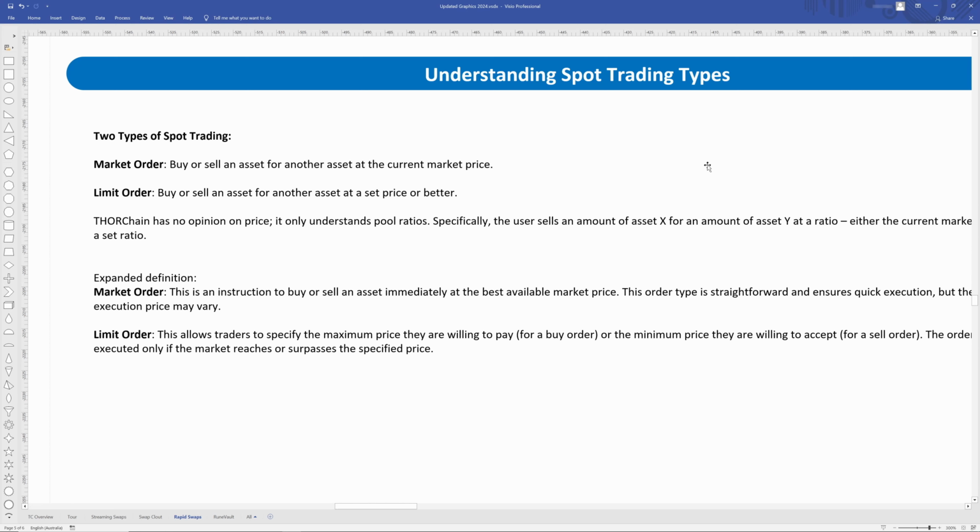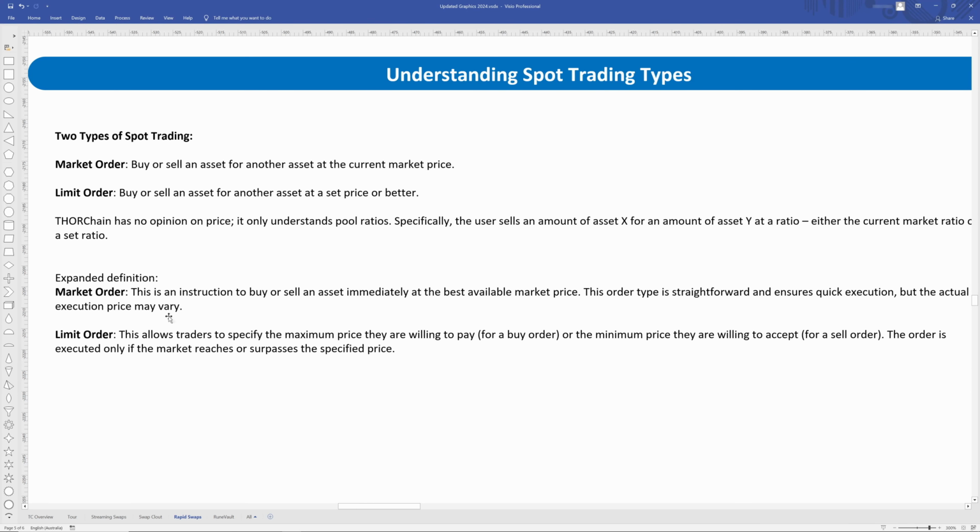Now, THORChain has no opinion on price. It only understands pool ratios. So it will get the USD to RUNE ratio in order to price RUNE, and then it will use that ratio in order to price all the other pools in USD. Specifically, a user sells an amount of asset X for an amount of asset Y at a ratio, and that ratio is either going to be at the current market rate, or with limit orders, they can set a ratio where they want to have that ratio or better.